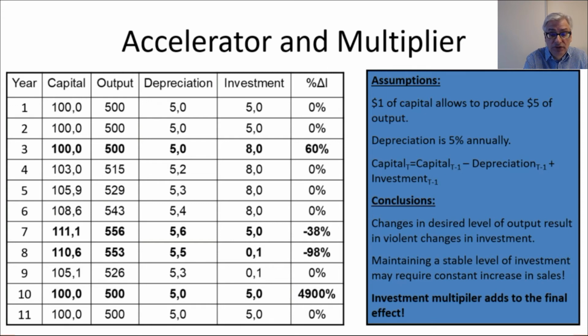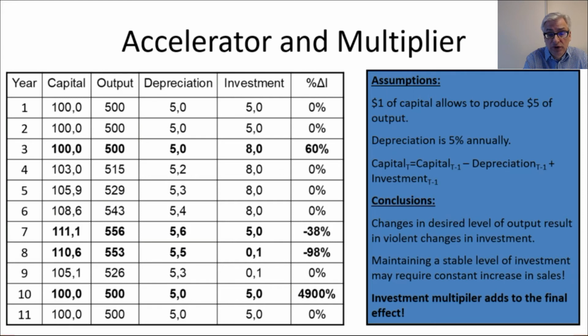So as you can see, even small changes in our output, like gradually increasing output by 10%, decreasing it by 10% again, so coming back to the previous level, that changed investment demand a lot.